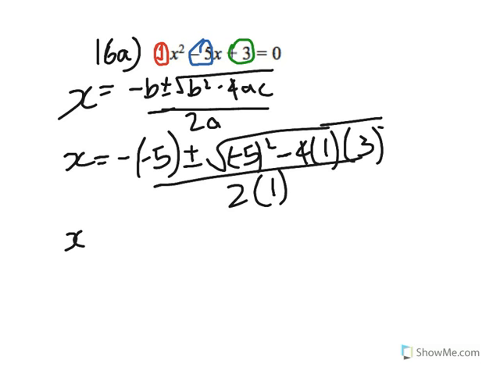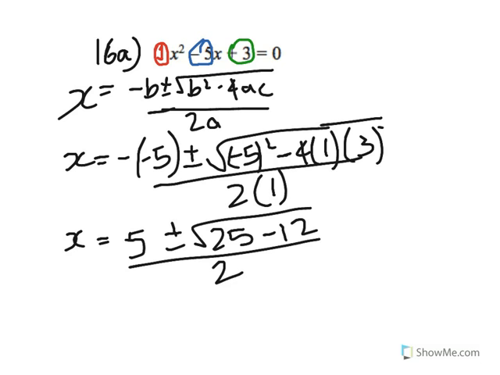If we simplify this, x is equal to 5 plus or minus the square root of, negative 5 squared is 25, negative 4 times 1 times 3 is negative 12, over 2. And that gets simplified to 5 plus or minus the square root of 13 over 2.